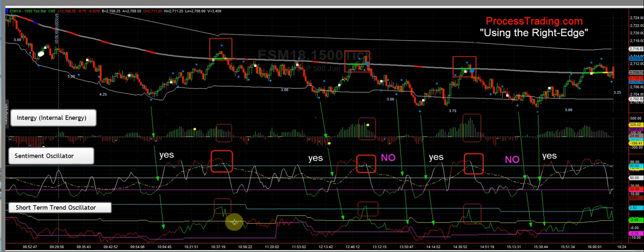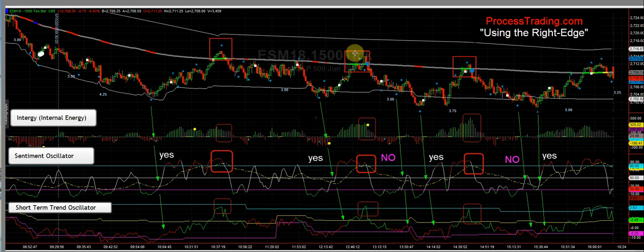So with the trend starting to slope downward, the sentiment oscillator starting to slope downward, as well as the momentum and the energy coming out of it, it helped verify for us that this is an appropriate short trade to take using the trade management system that was outlined previously.